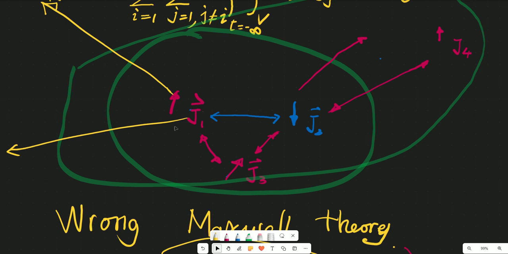But the mutual energy theorem still survived. However, the energy conservation law in Maxwell theory did not survive.